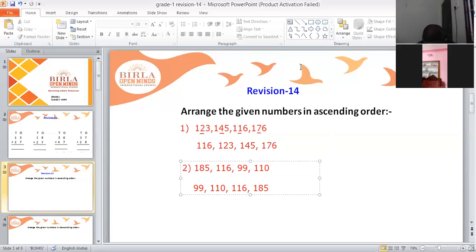Yes, children, note down the answer for second bit. Now, next, third bit.